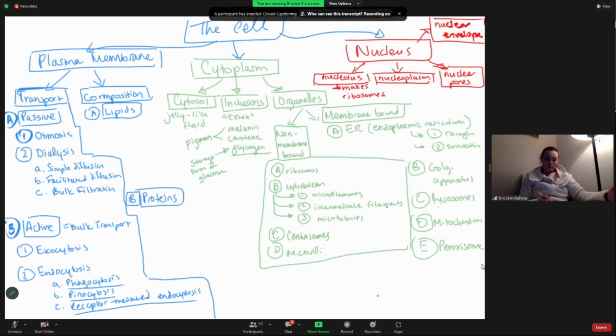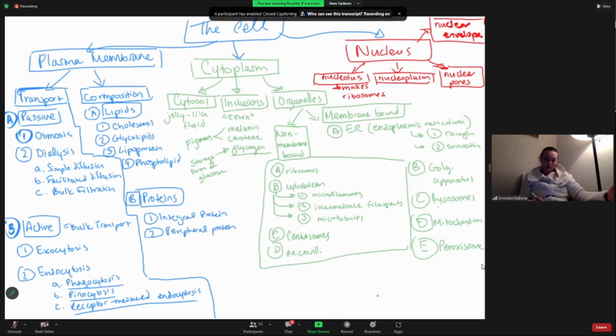For lipids, we have 4 subtypes: cholesterol, glycolipids, lipoprotein, and phospholipid. For proteins, we have the integral protein and the peripheral protein.